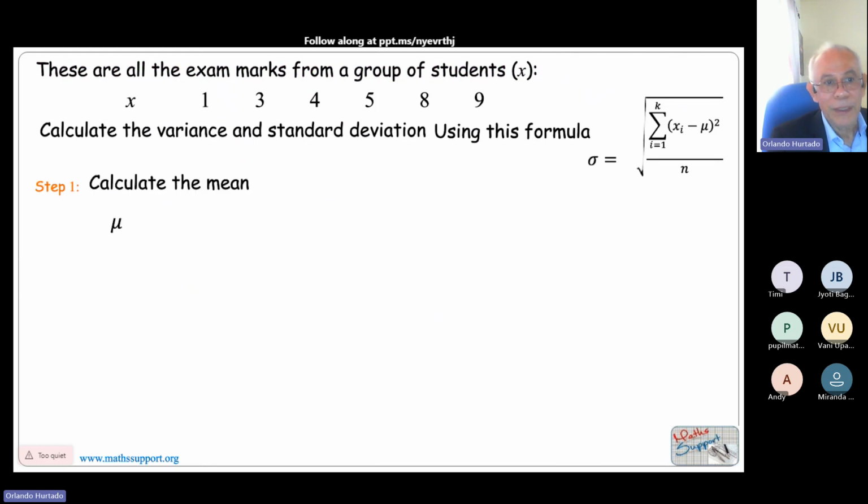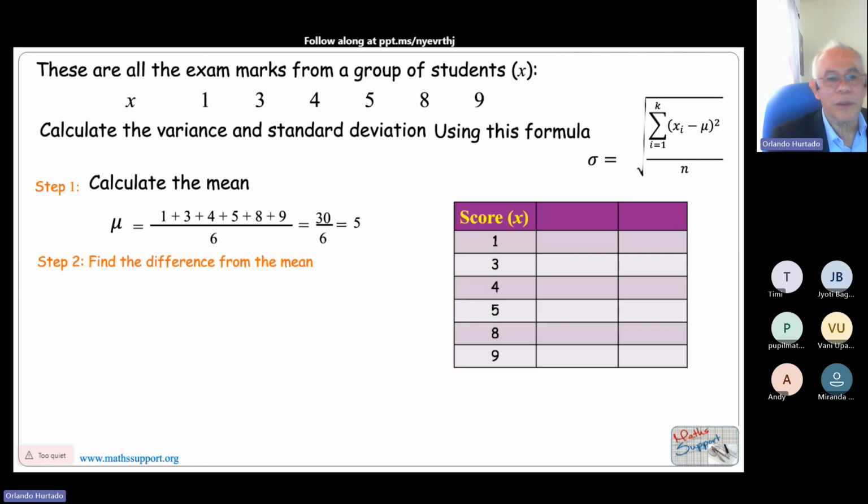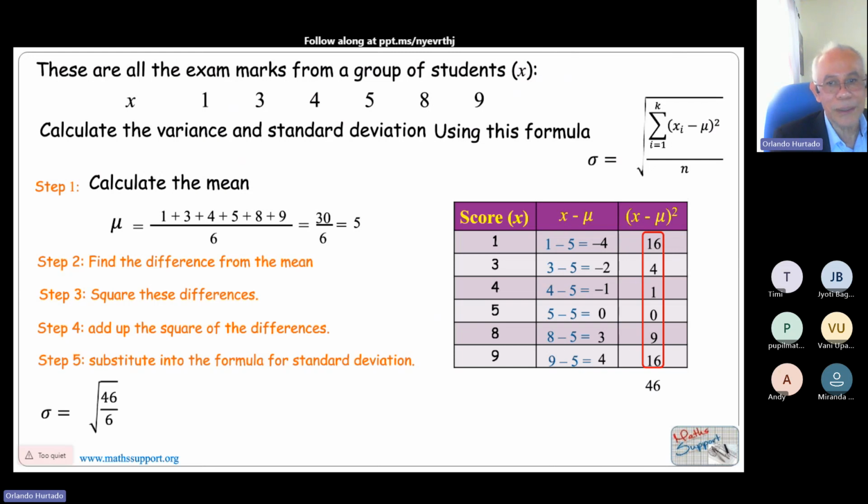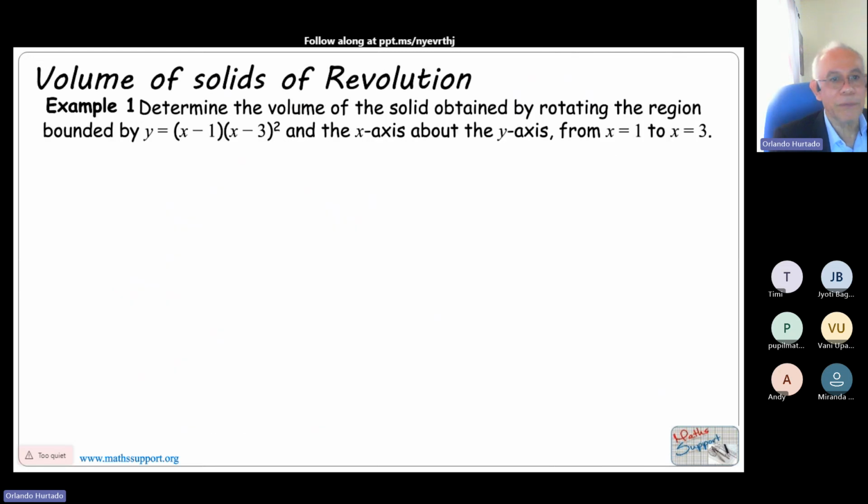So, for example, in this problem, when we are using the formula to calculate the variance and the standard deviation, we have the table where they are going to take the data from and how they can plug this data into the formula that we are using for standard deviation and for variance. So we go step by step, explaining to them how to get the values that we need to plug into the formula. Then at the end, they will have the solution.